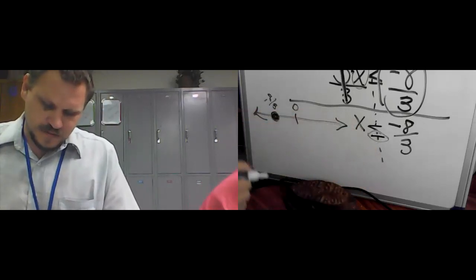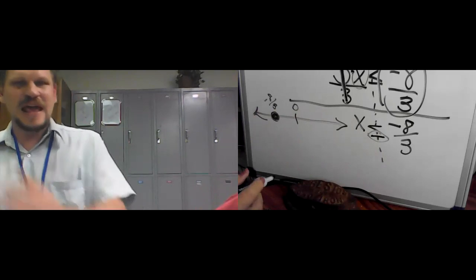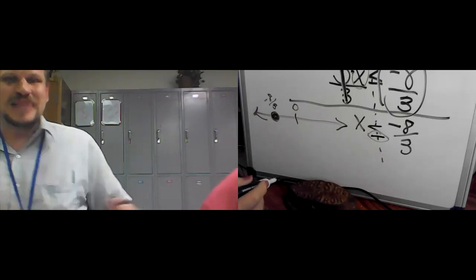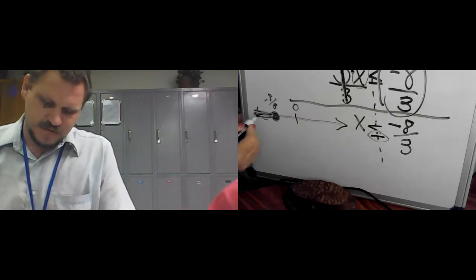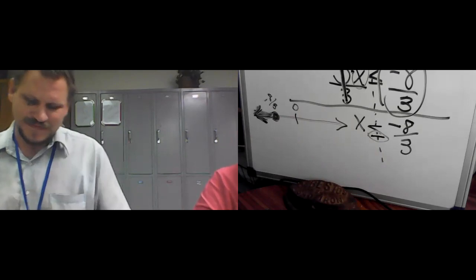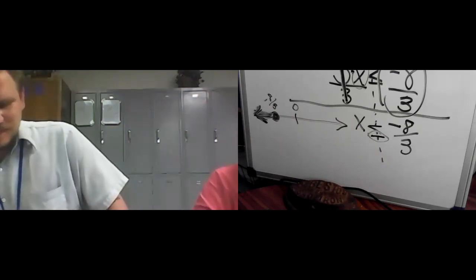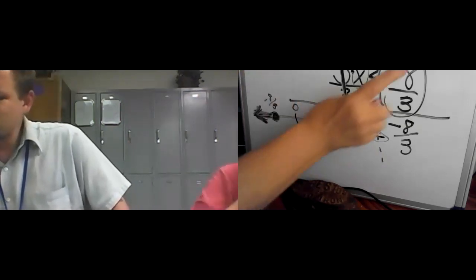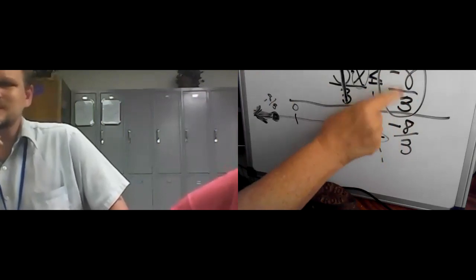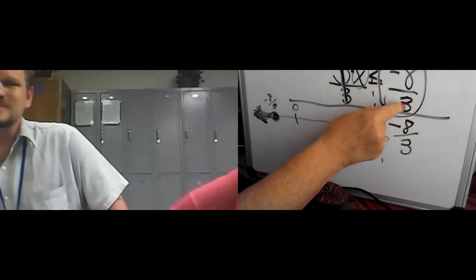That is correct. And then it's anything less than that, which means it's going to go left. I think you have a great understanding, Randy. That's wonderful. If it doesn't come out even, you can use this as a fraction.